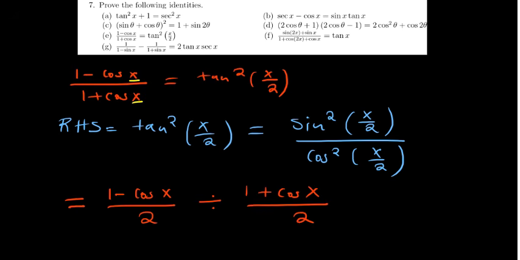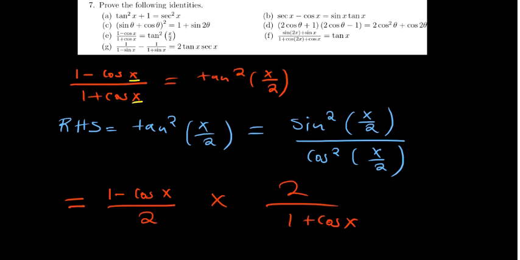Cosine maintains the sign for the half angle, sine changes the sign. It's 1 minus, 1 plus, over 2. Don't forget that. So with that understanding, we know that division is the same as multiplying by the reciprocal. So it becomes 2 over 1 plus cosine of x.